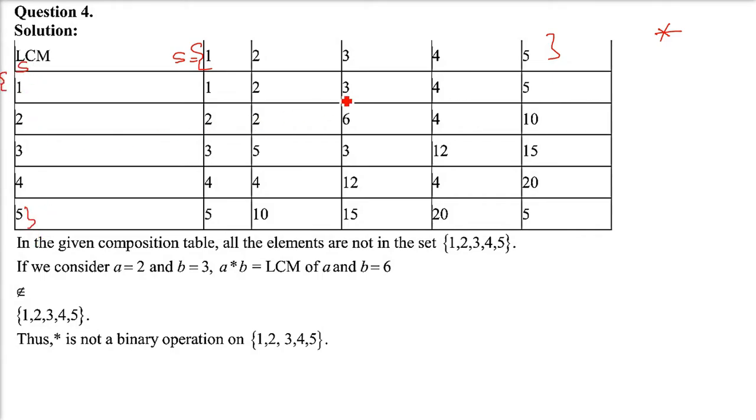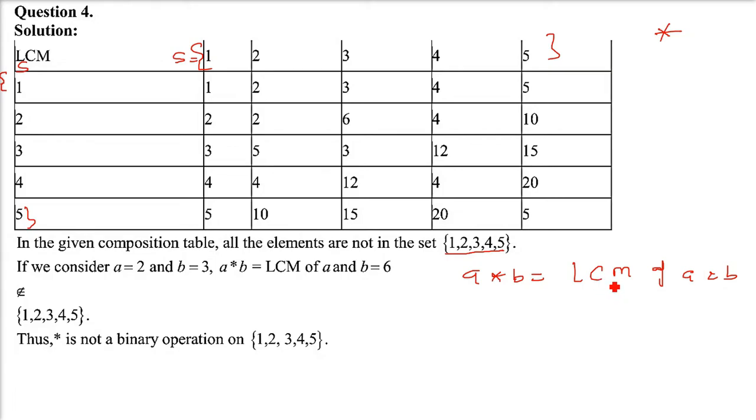The first row and first column of a binary operation table is always the set. And this is defined by a star b equals the LCM of a and b. So we have to show whether this star defined on this set is a binary operation or not.